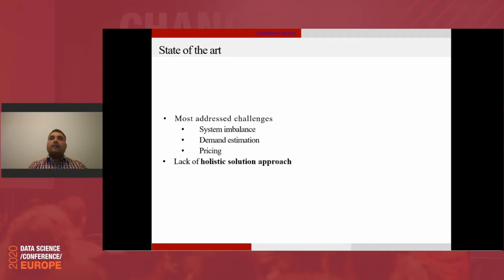So basically, in the one-way systems, we have a tendency that the vehicles are accumulated in one place with low demand, and we have a lack of vehicles in the places of high demand. So we need somehow to rebalance the system to put the vehicles back from these low demand locations into the high demand locations.